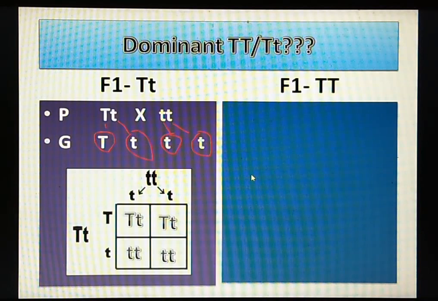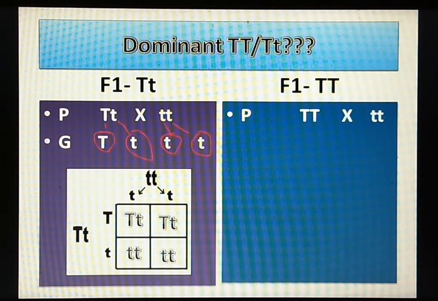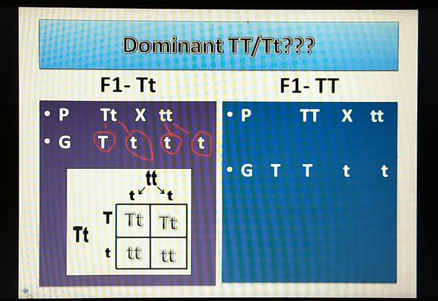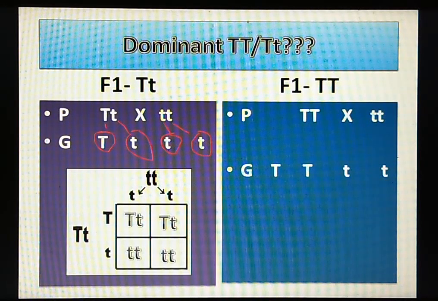right? Whereas if we take the other possibility, that is dominant homozygous capital T capital T tall plants crossed with dwarf plants, we get the gametes capital T in one gamete, again capital T in the other gamete, and for the recessive parent we get small t, right?